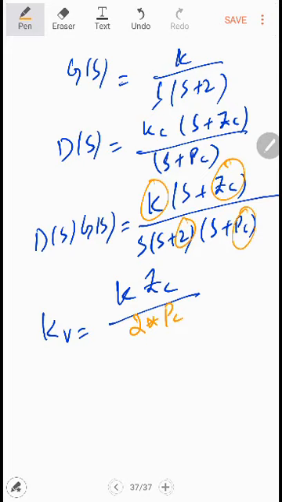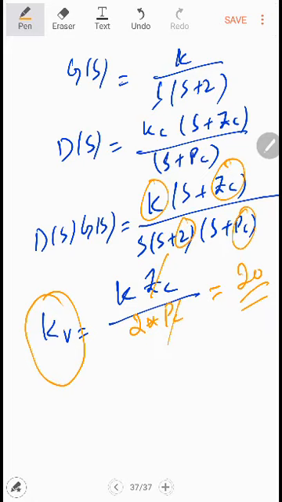Since we know that ZC and PC are close enough to each other, this will be equal to K divided by 2, multiplied by ZC over PC. And the system requirement is that this should be equal to 20. This is the user specification.